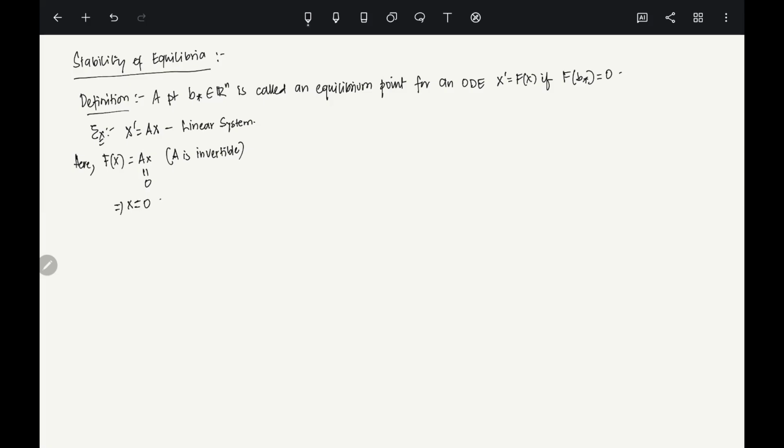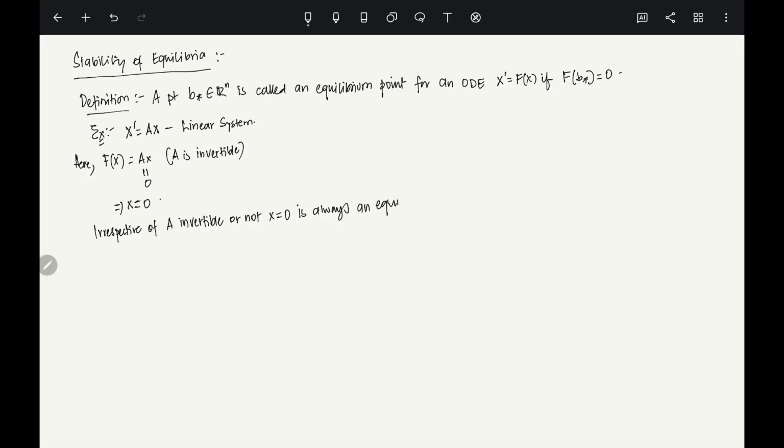Irrespective of whether a is invertible or not, x equals 0 is always an equilibrium point.